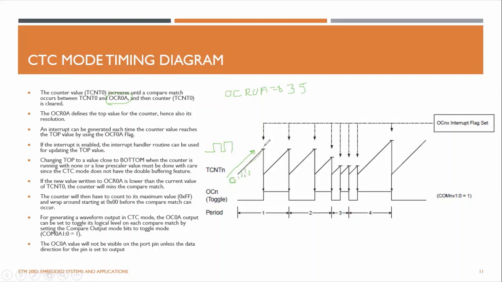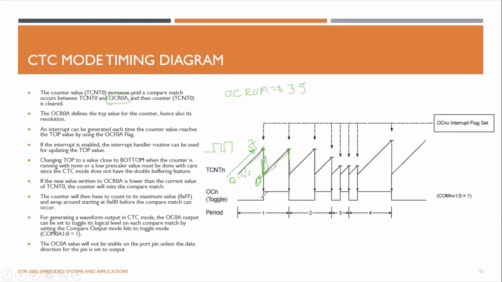When it goes to 35, it is compared with OCR0, so the values are equal, and the timer will be reset to 0. Again starting from 0 and counting up, and when it goes to 35, it resets to 0 again. If it is 100, it will go to 100 and reset.